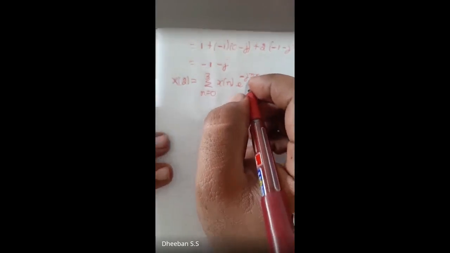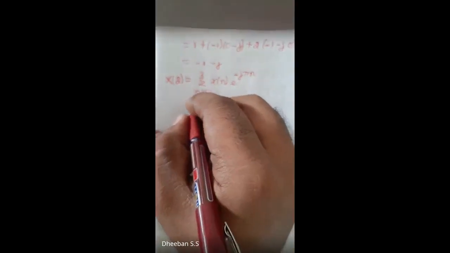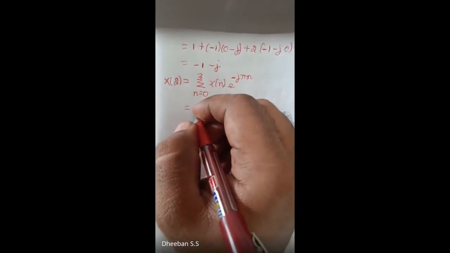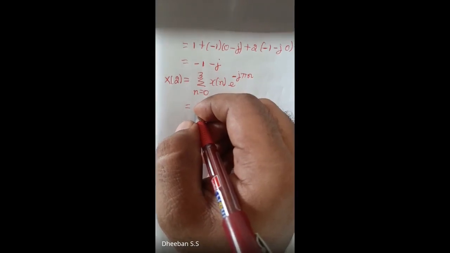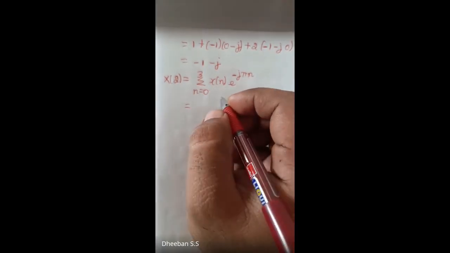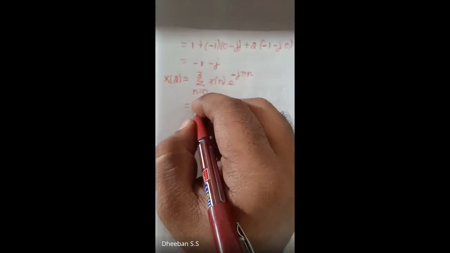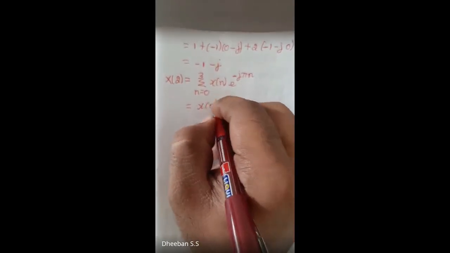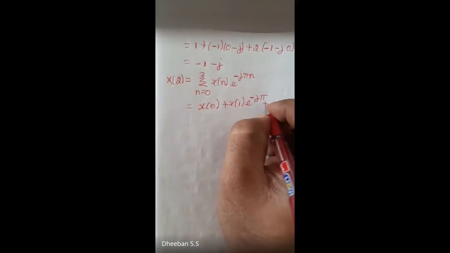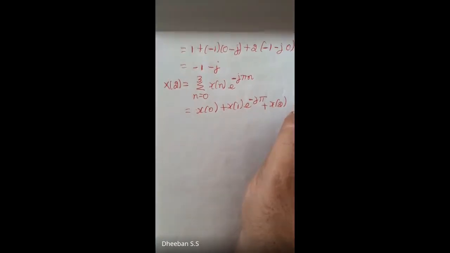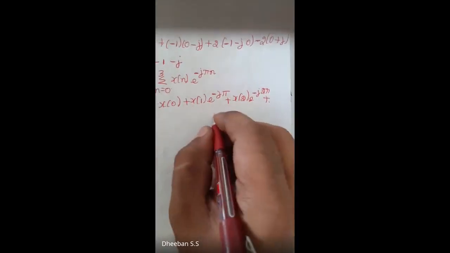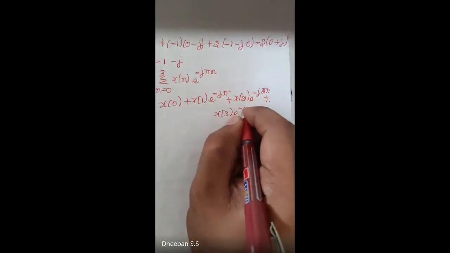So this will be x of 0 plus x of 1 e power minus j pi, plus x of 2 e power minus j 2 pi, again x of 3 e power minus j 3 pi.